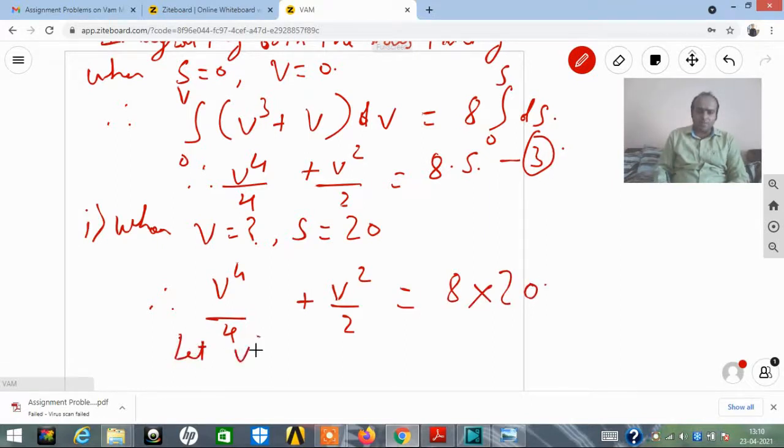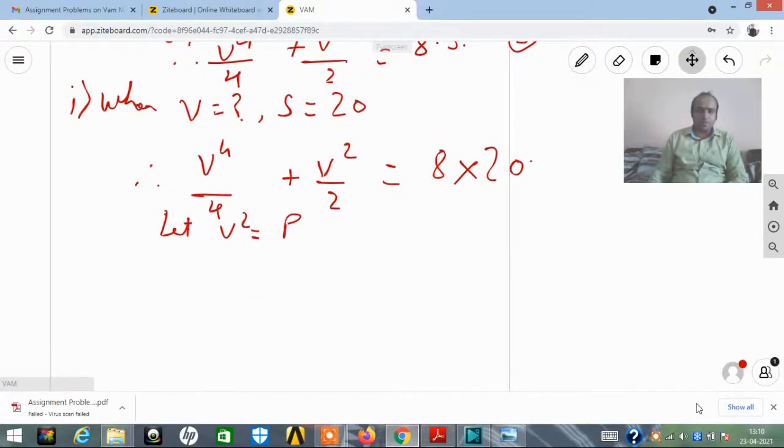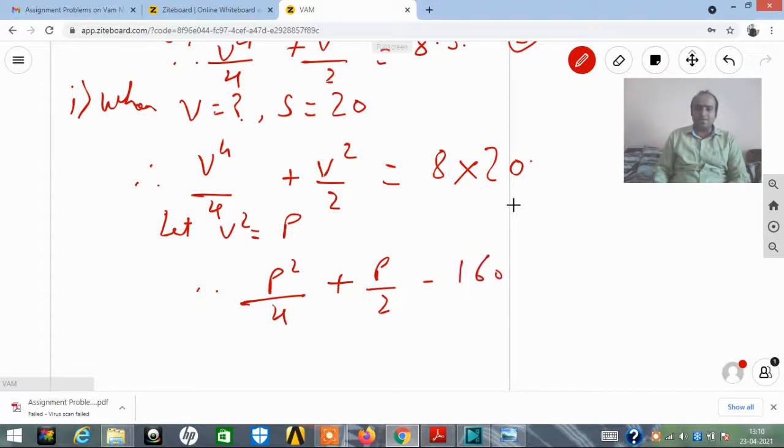Let v square be p, just for getting the answer. So therefore p square by 4 plus p by 2 minus 20 into 8, that is 160, is equal to 0.